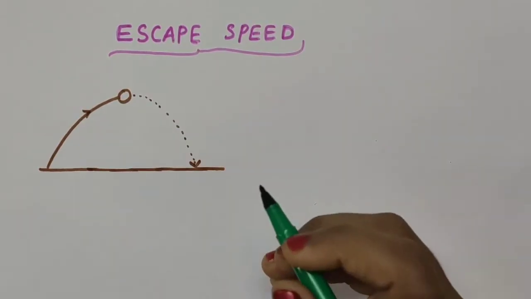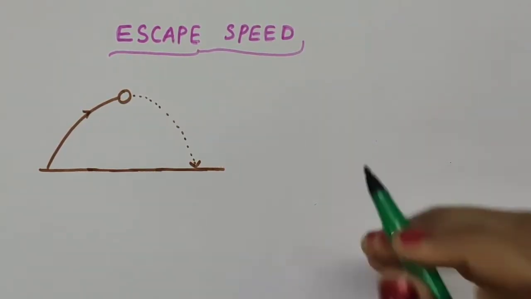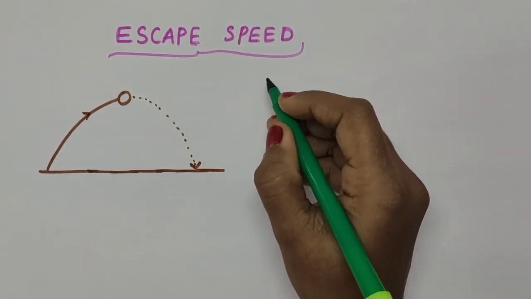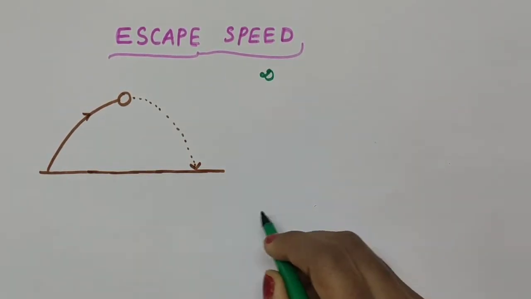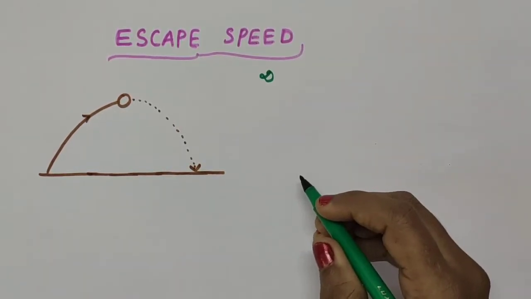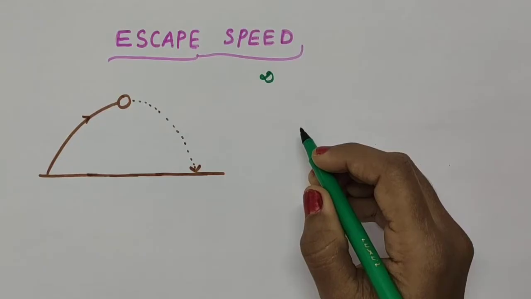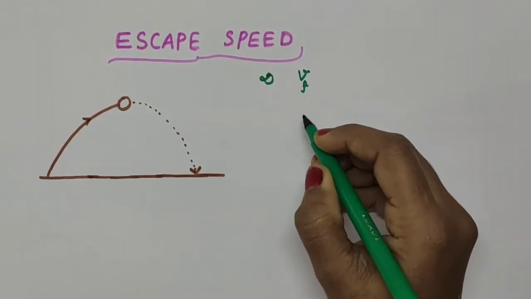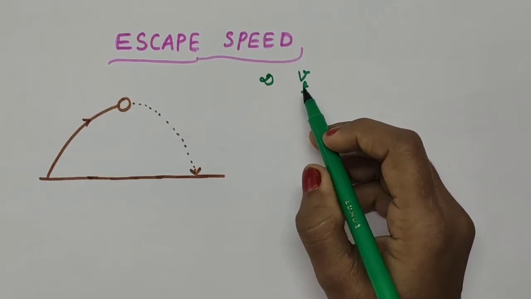Suppose an object is thrown up with some initial velocity and the object reaches infinity, far away from the surface of the earth. Let the speed of the object there at infinity be v subscript f, that is the final speed of the object.